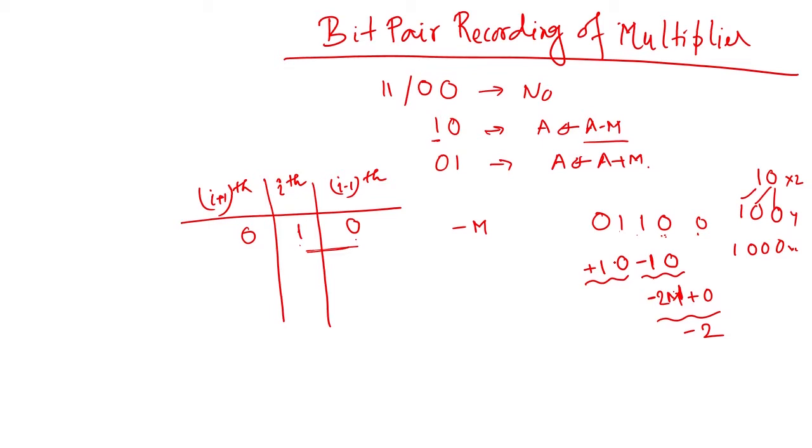If you take the bit pair, this is 0 and this position is 2m plus 0, so this is 2. So instead of doing it for each bit position, we can make them pairs. This is one pair, this is one pair, and we perform one operation for each. Therefore, the number of partial products will be reduced by half.